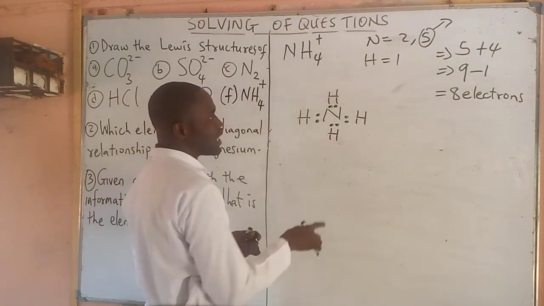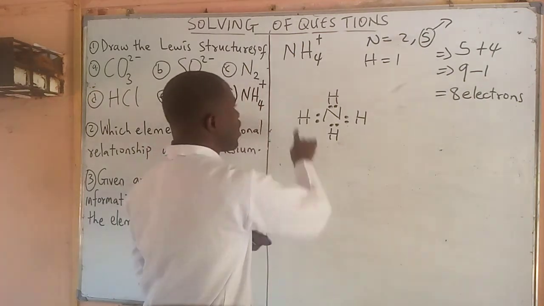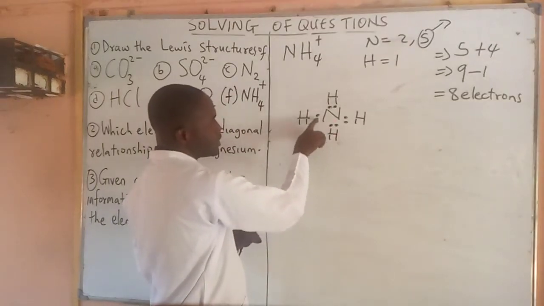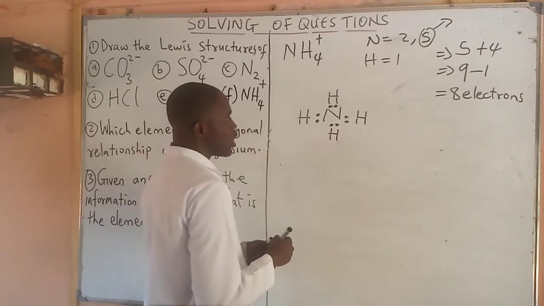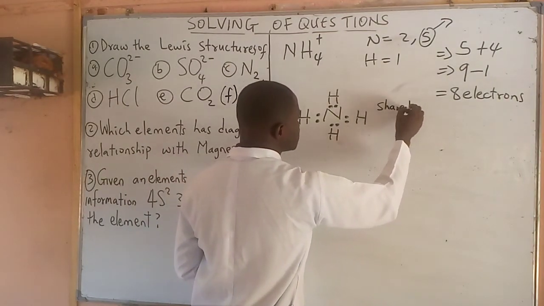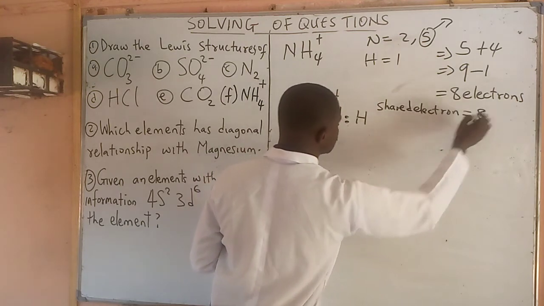The nitrogen has attained an octet structure. Remember, hydrogen only attains a duplet, while other elements attain an octet. Now, how many shared electrons do we have? Shared electrons equal 8.